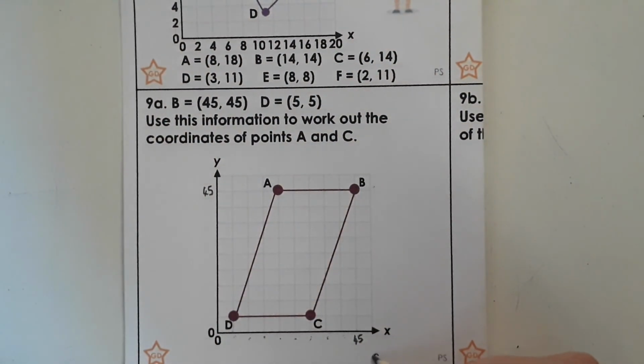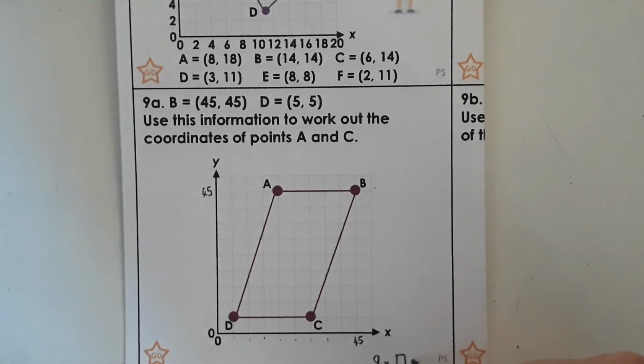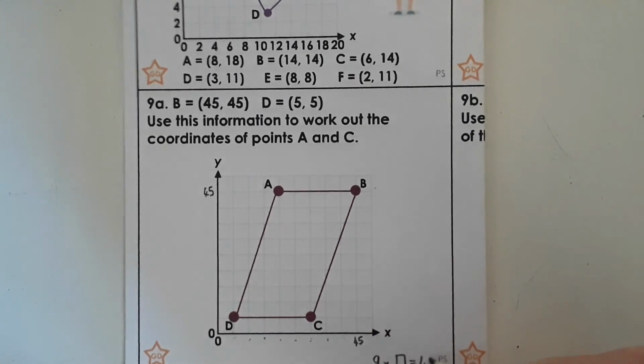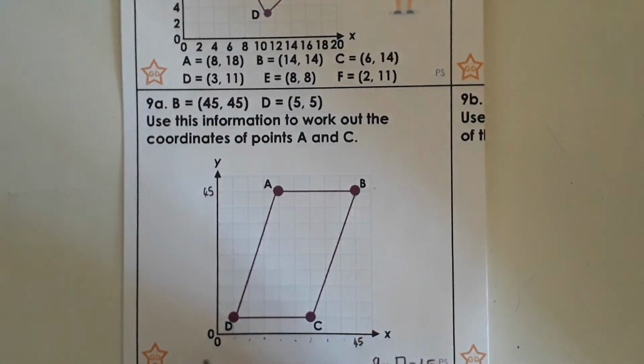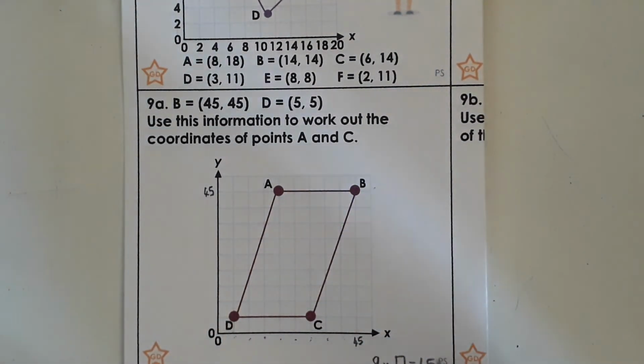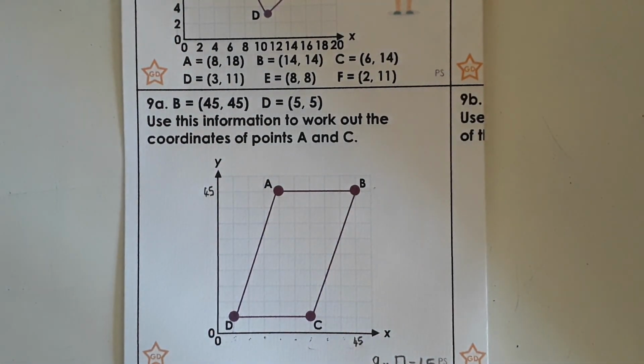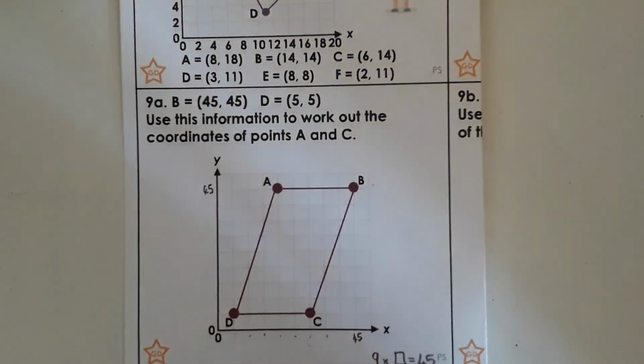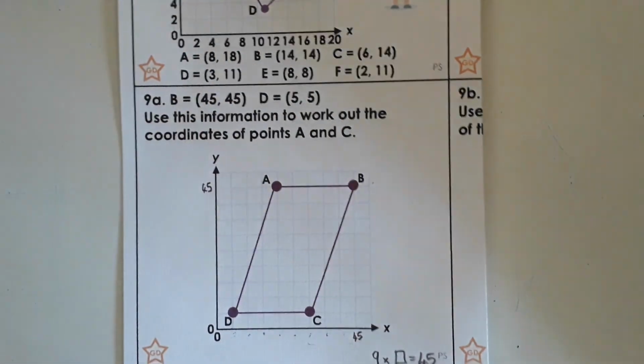So 9 times something must equal 45, and I think from there you can see what that axis must be going up in, and from there you'll be able to work out the other coordinates.